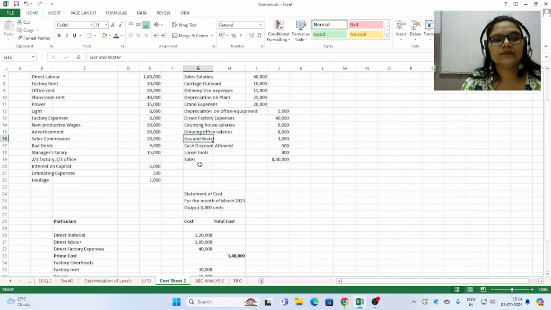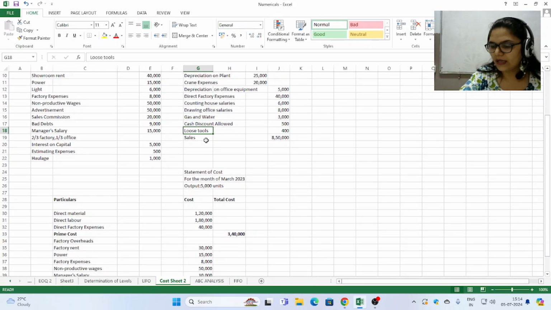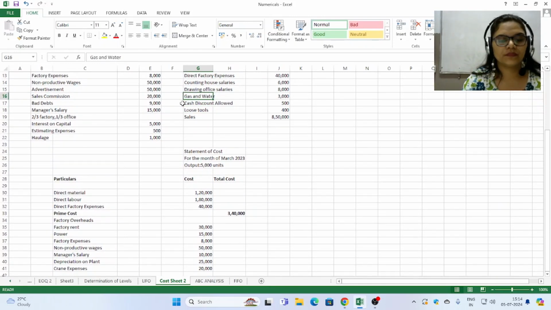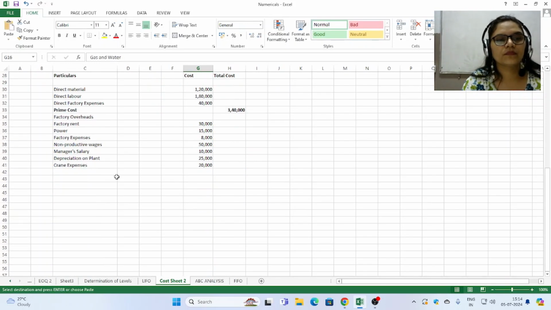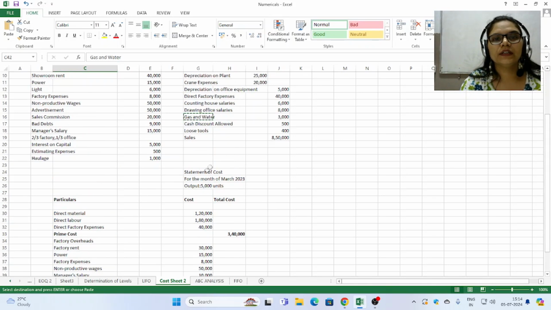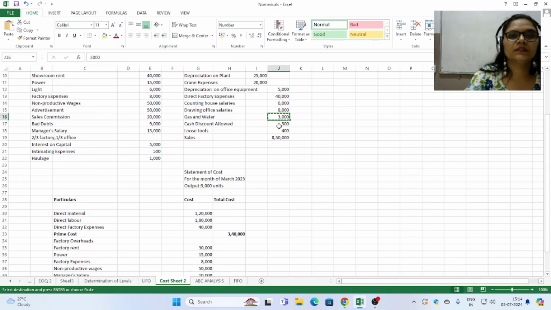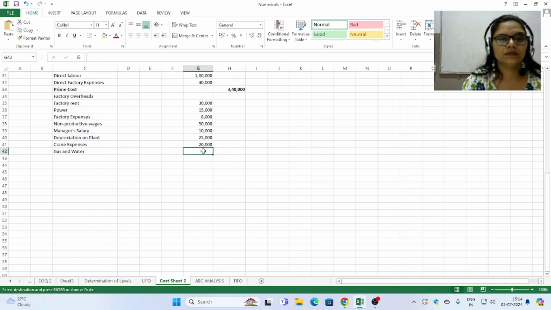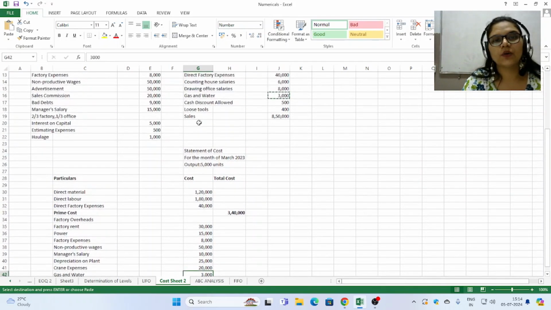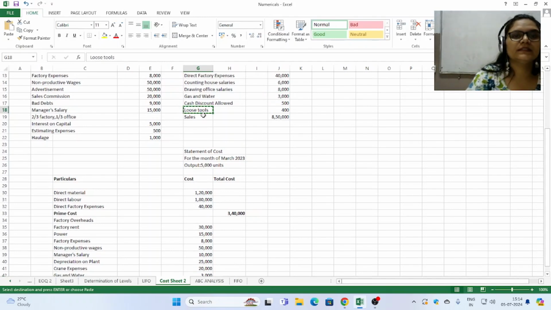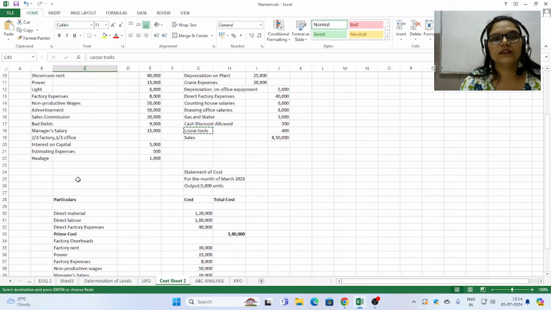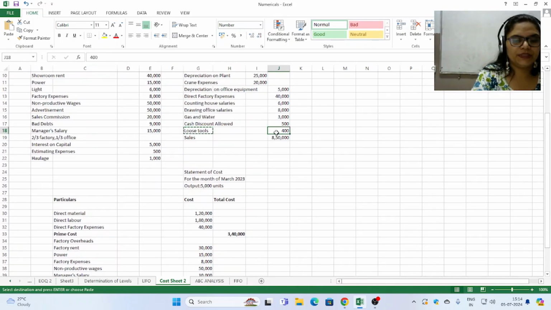Gas and water, loose tools, and haulage. Gas and water is rupees 3,000. Then loose tools are again a part of your factory expenses. It's about 400 rupees.